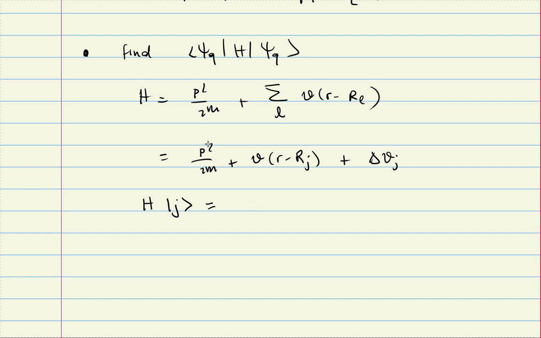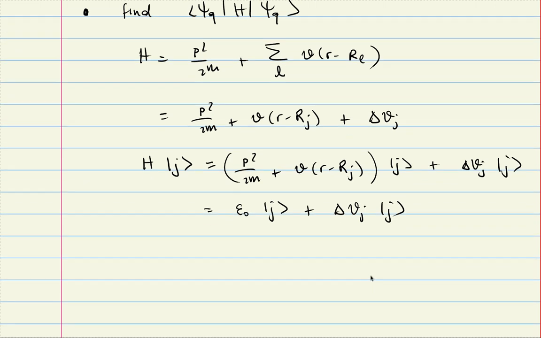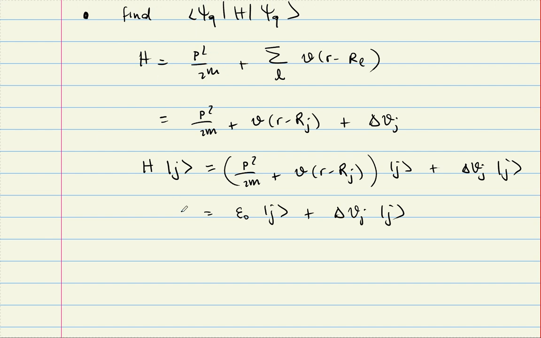Then this is going to be this thing acting on J plus delta V J acting on J. But these are atomic orbitals, and we know this is the atomic potential. We know the action of this, right? It is some epsilon 0 times J plus delta V of J times J. If I know what H does to J, I know what H does to psi of q.